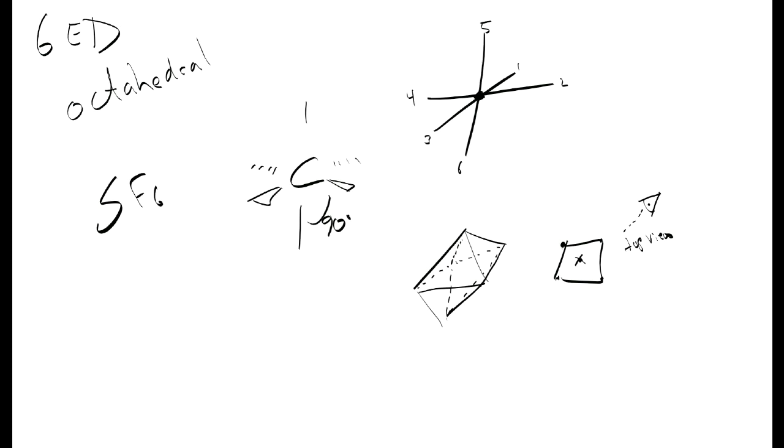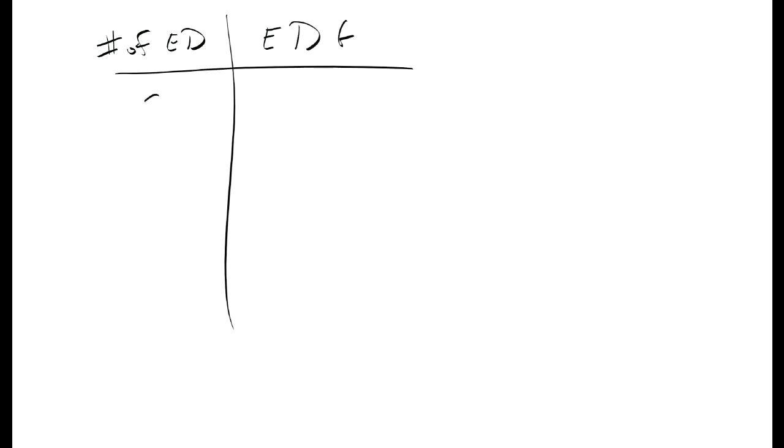That has a nice octahedral geometry. So those are the 5 electron domain geometries. Number of electron domains: 2, 3, 4, 5, and 6.